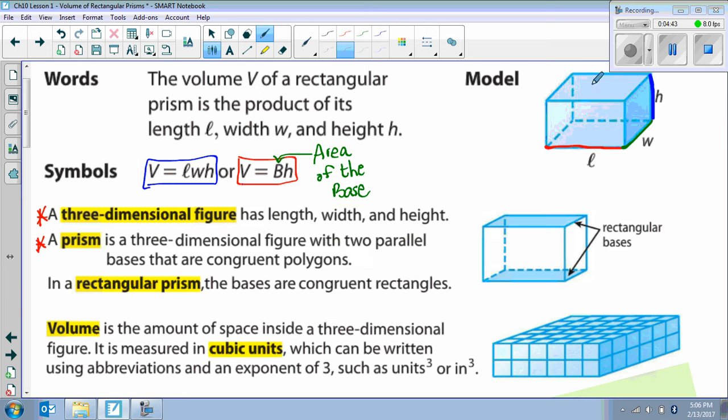So like I just said earlier, a prism has 2 congruent parallel bases. In a rectangular prism, the bases are congruent rectangles. That's why it's called a rectangular prism.